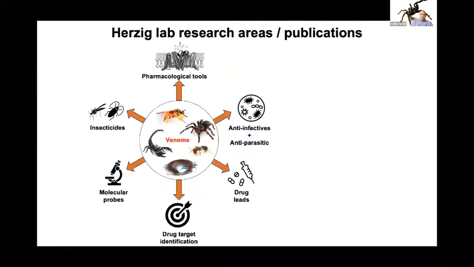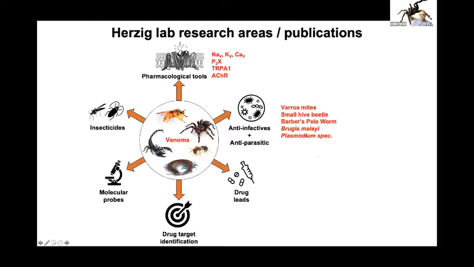So what do we do in my lab, with my collaborators, on these venoms? This is a schematic that I've taken from one of our recent publications showing general applications of venoms, and I'll show you what I have worked on so far. A lot of the work, especially with collaborators, uses specific toxins as molecular tools to study ion channels, especially sodium and calcium channels.